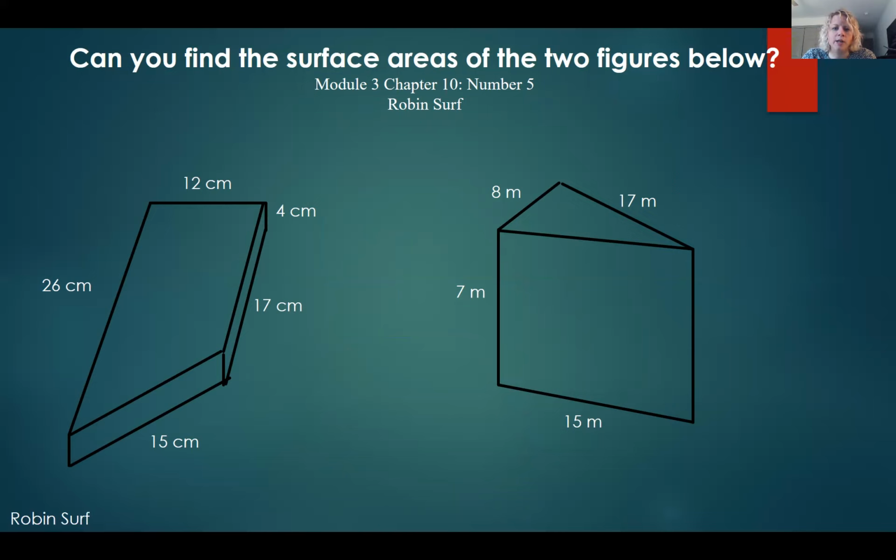So let's take a look at our diagram. What this means is that our surface area is equal to 2 times the area of our trapezoids, plus the perimeter of one of the trapezoid sides times the height. So let's find the area of one of the trapezoid sides.